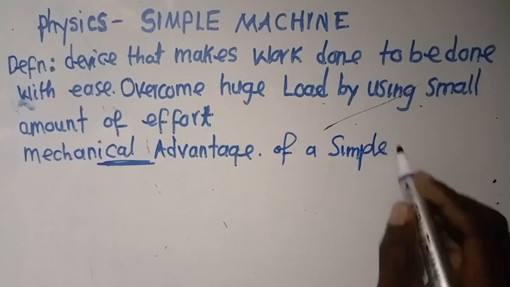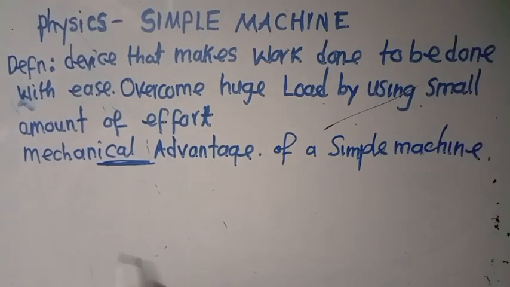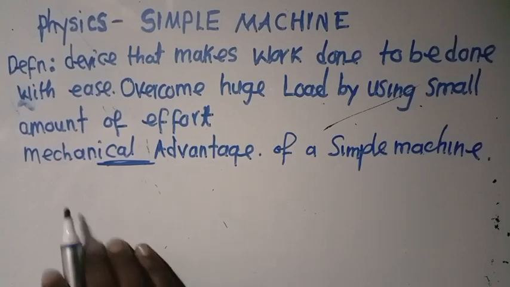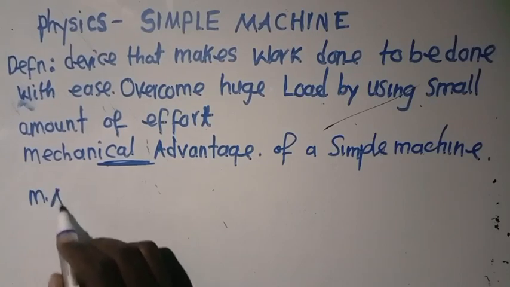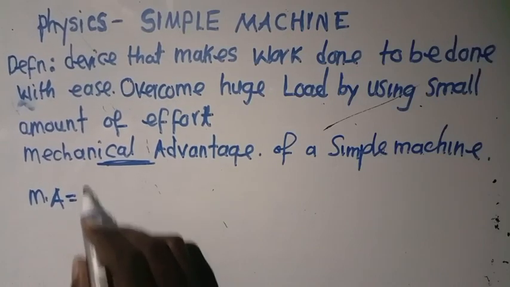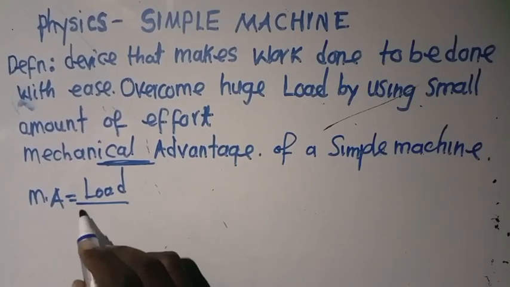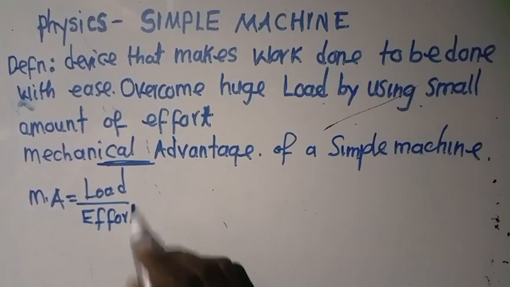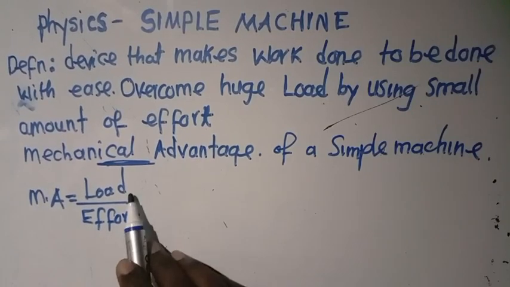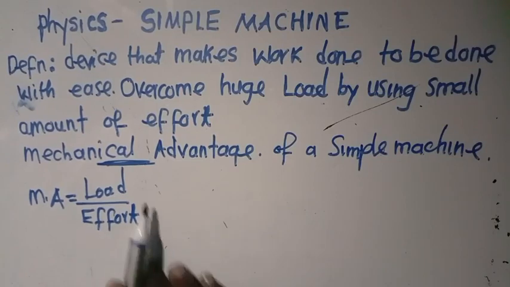How can you calculate the mechanical advantage of a simple machine? Mechanical advantage is equal to the ratio of load over effort. This is what you are supposed to know and understand. Mechanical advantage is just load over effort.